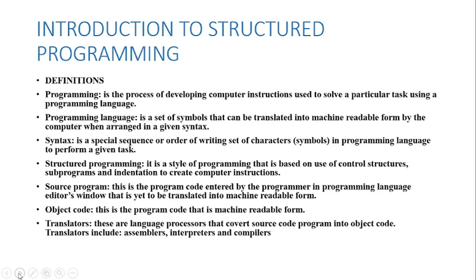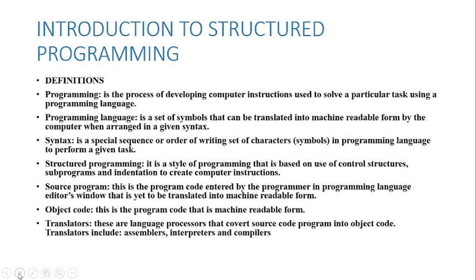Some programs had the intention to create computer instructions. What is a source program? This is the program code entered by the programmer in the programming language editor's window that is yet to be translated into machine readable form.